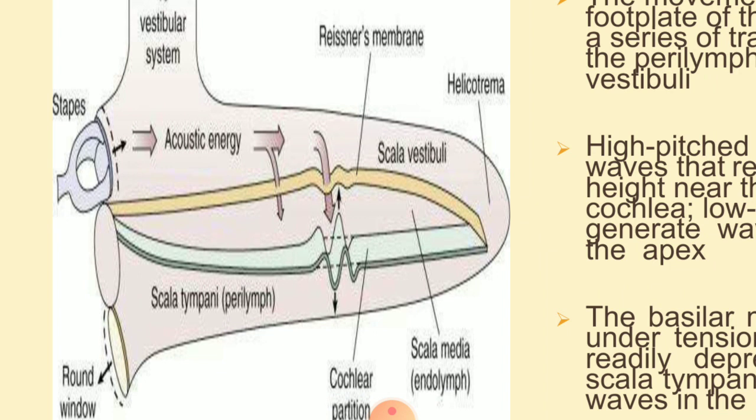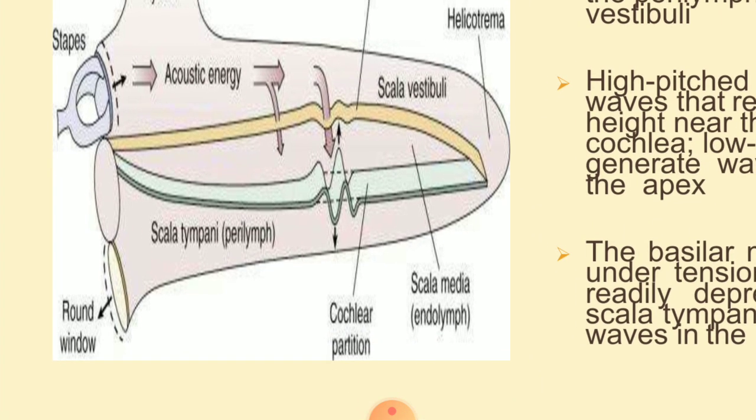First it enters into the scala vestibuli, that is within the perilymph. It travels horizontally towards the helicotrema as well as it undulates vertically, giving rise to up and down movement of the Reisner's membrane, and Reisner's membrane transmits that vibration through scala media into the basilar membrane.